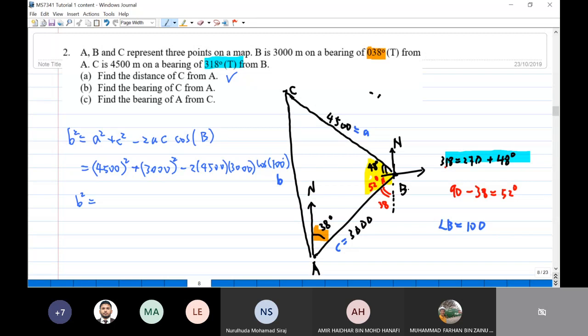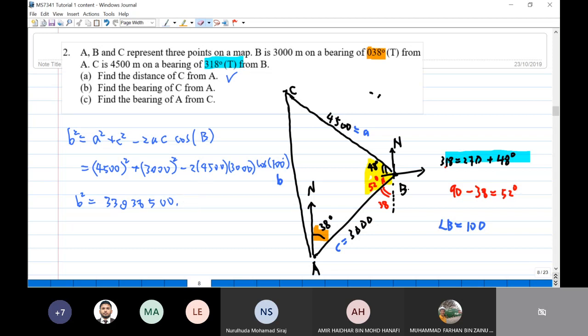So you'll get B square is 33938500.8. Okay, so this is how I got the B square.